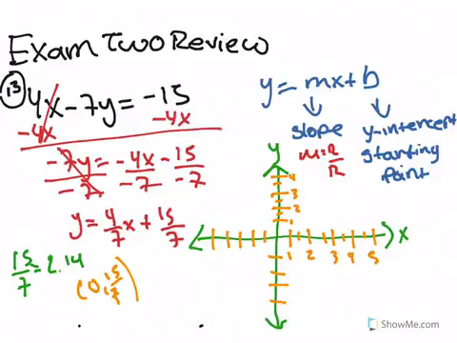That's a 7. So that's roughly 2.14. So 2.14, it's around somewhere over here. Okay? And now my slope tells me to go up 4 and run 7.